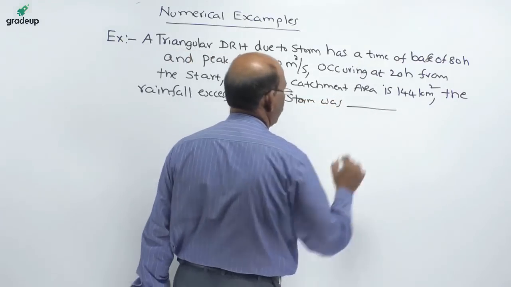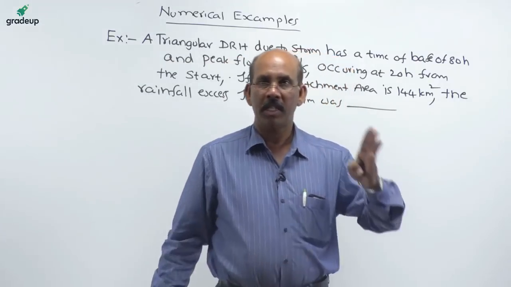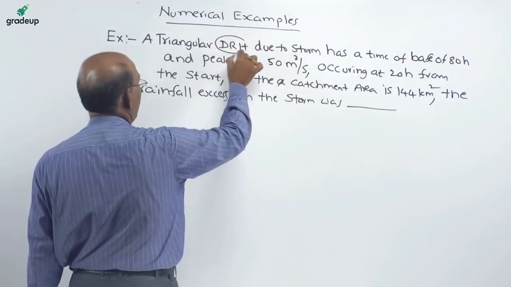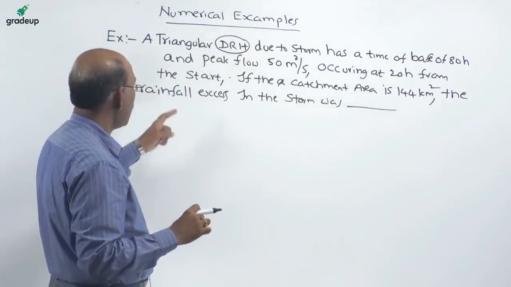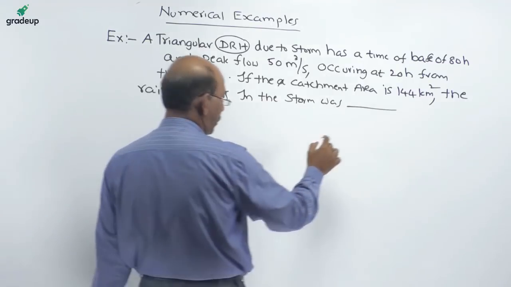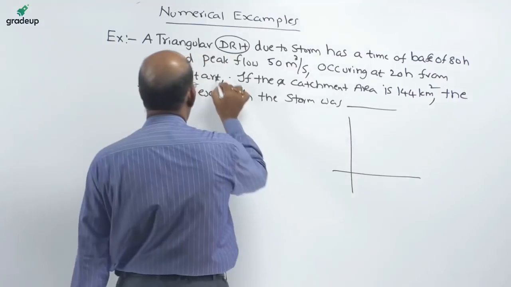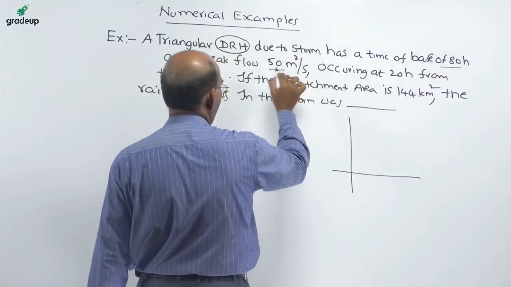was dash. So, here you are supposed to determine a triangular direct runoff hydrograph. This hydrograph has the shape of base 80 and the peak flow 50.